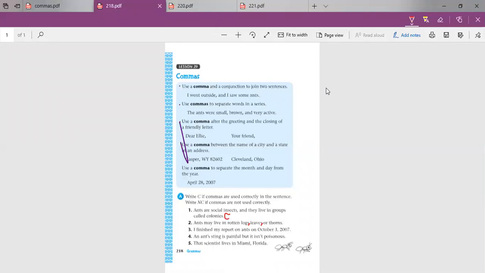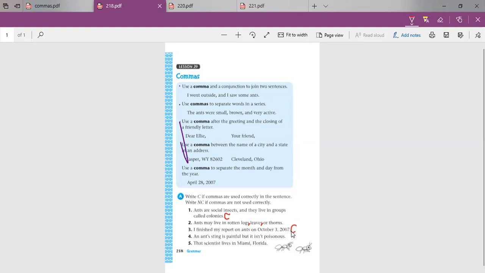Where do I put a comma? No, the sentence is correct, because this is just a regular sentence. And if you see carefully, they already put a comma: October 3, comma, 2007. This means this sentence is correct. I only need to write C. There is no need for another comma. There is nothing to be separated. That's why we will just write C.